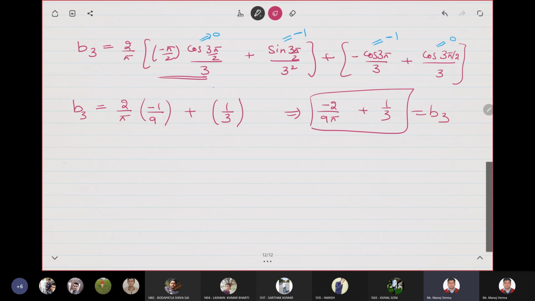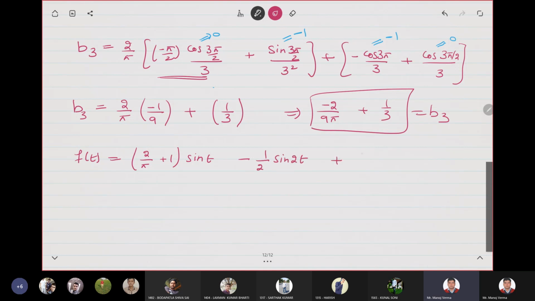So if we insert values of b1, b2, b3, if you remember in the starting of this question, a0 and an were 0. So we directly get the Fourier series expansion of this function f(t) in terms of sines only. The first value b1 was actually 2 over pi plus 1 sin t, as simple as that, plus b2, value of b2 was minus half sin 2t.